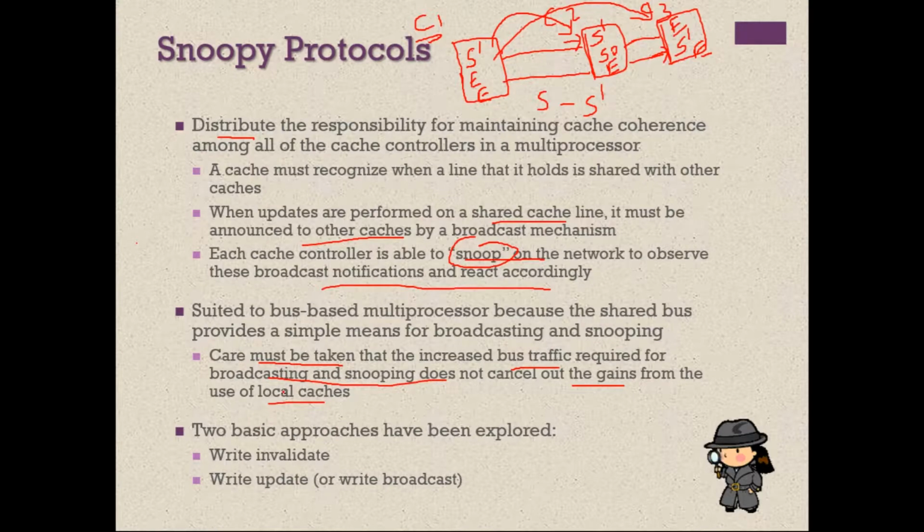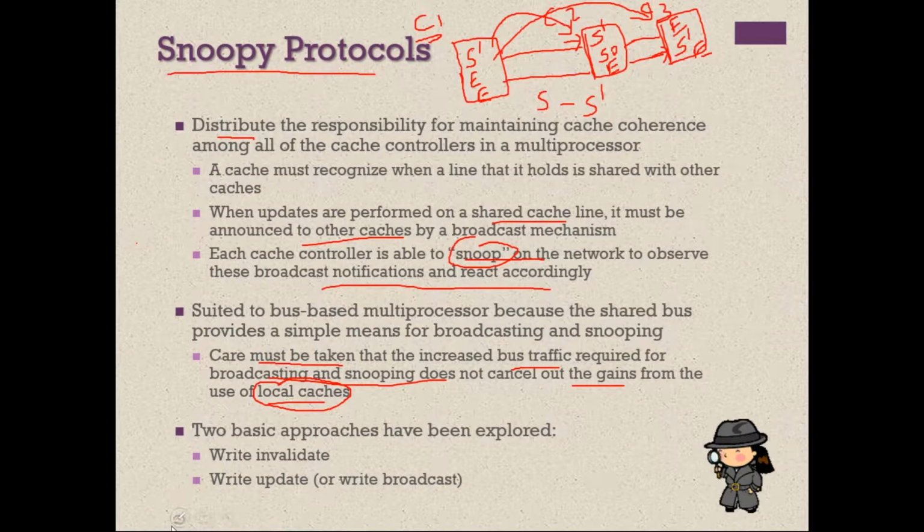We are going for cache memory because we want to reduce system bus access. But now if you use the Snoopy protocol, again you have to use system bus access. So you should ensure that we are not going to use the system bus to that extent that it will cancel out the gains that were attained by introducing the caches. Okay, so that care must be taken.